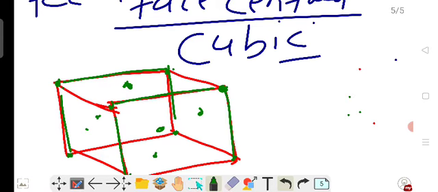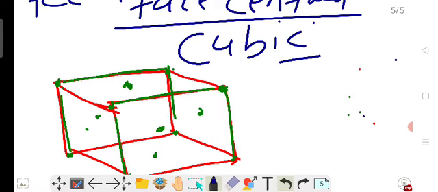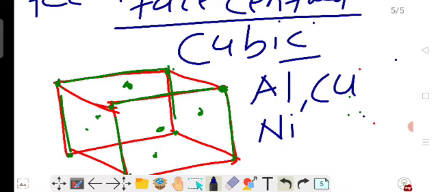Each lattice point represents an atom position. If we take examples of this type of FCC system, aluminum has FCC crystal structure, copper has FCC crystal structure, nickel has FCC crystal structure, steel, plain carbon steel has FCC crystal structure.